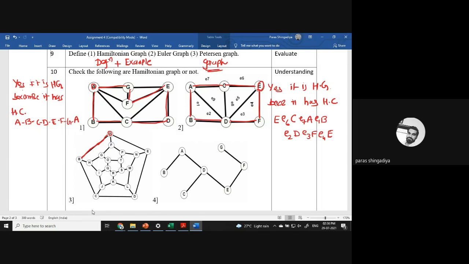So we start from A, A to B, then B to C, C to D, clear, then B to E. From E we will move to the inside, so E to N, N to M, M to L, clear, L to K, K to J, J to I, I to H, H to G. From G we will move to the inside and cover the inside 5 vertices.